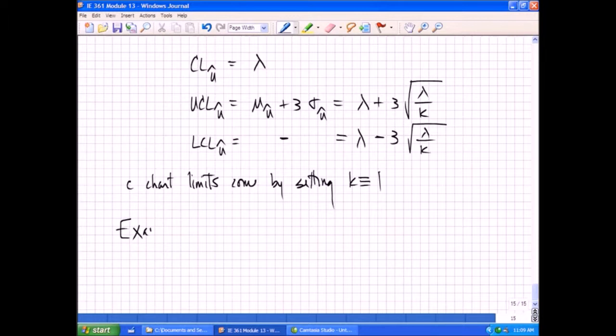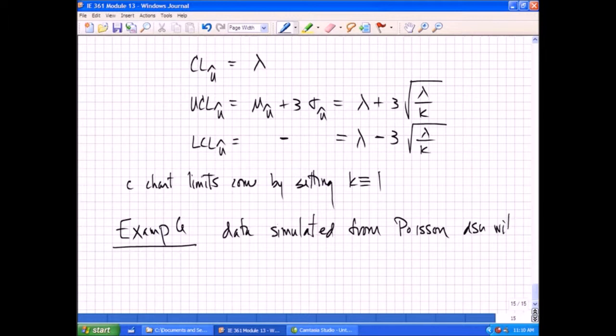As an example, I'm going to show you in a second some artificially generated data. So these are data that I simulated from the Poisson distribution with, say, lambda equal to 2.0.